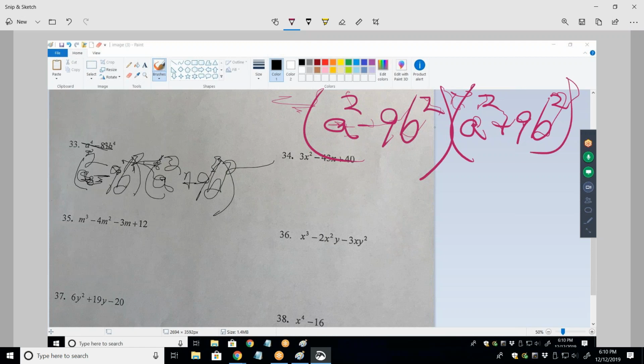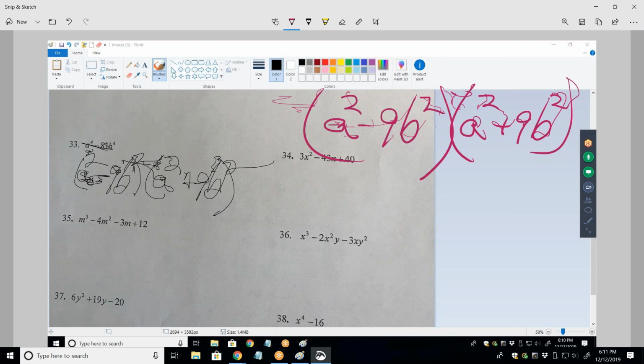Notice the second term is the sum of perfect squares. Can I factor that? Yeah. No, you cannot. There is no sum of perfect squares. You can factor sum of perfect cubes, you can factor sum of perfect fifths, but you can't do sum of even numbered.